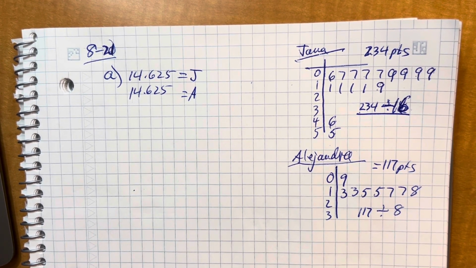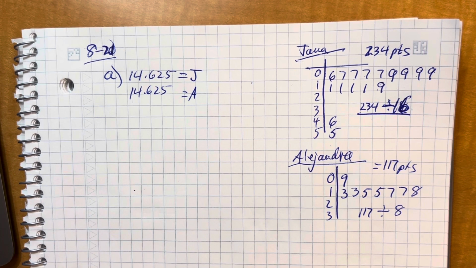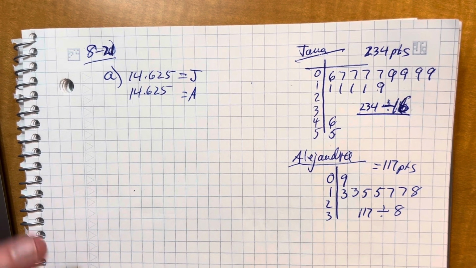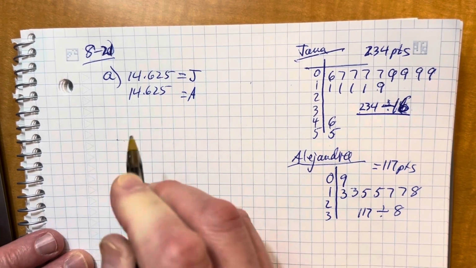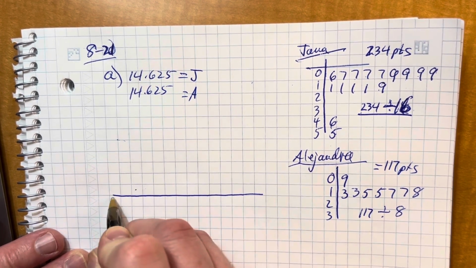Then in letter B on number 21, which student do you think Mr. Webb should select and why? Use parallel box plots. In other words, 2 box plots on the same number line to support your explanation. All right, well, let's make some data here. Let's make a line.